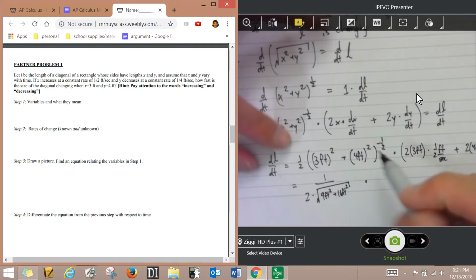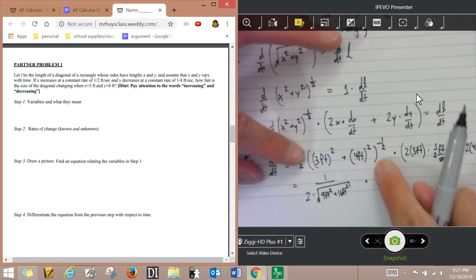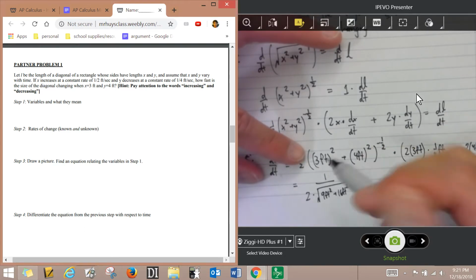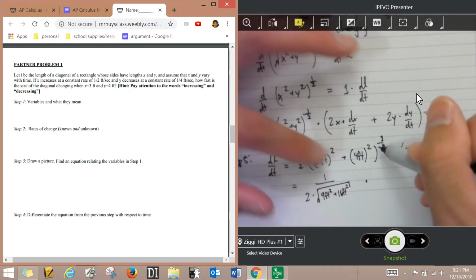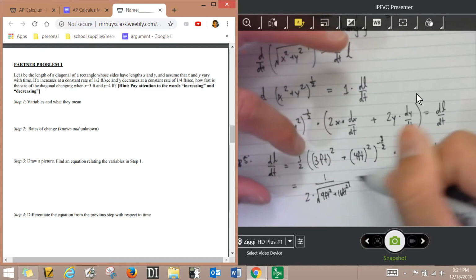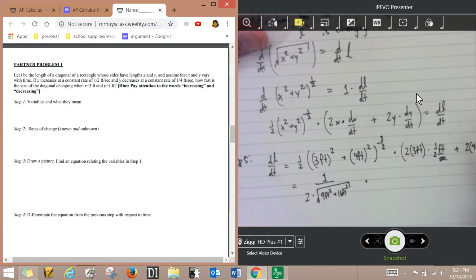So that's this part here, 1/2 of this guy. That's negative 1/2 power. 1/2 power is a square root, and the negative means this whole thing goes on the bottom of a fraction. So it's going to be 1 over 2 times the square root of 9 foot squared plus 16 foot squared, times whatever's in here. So let's do some math in here.